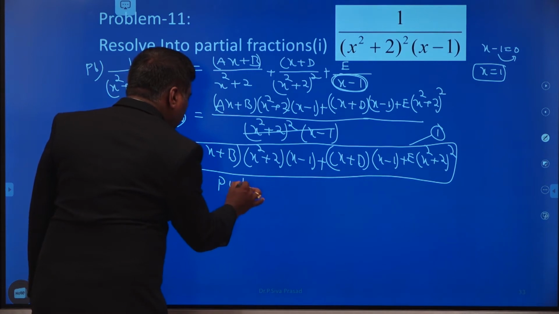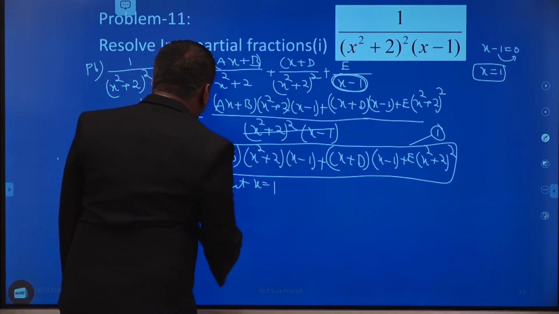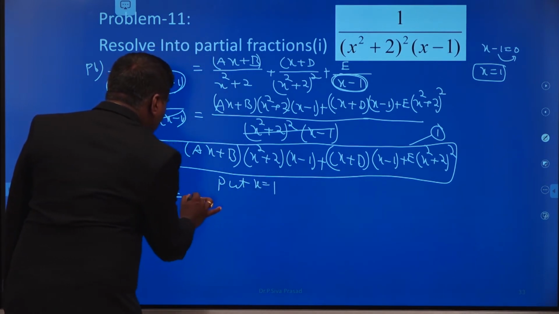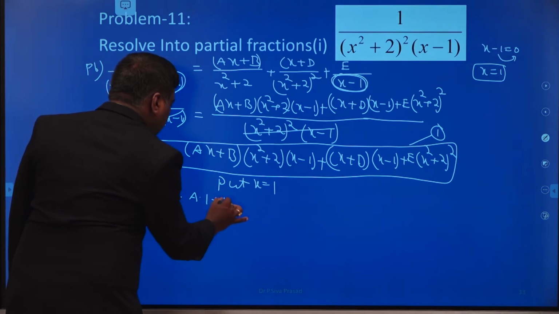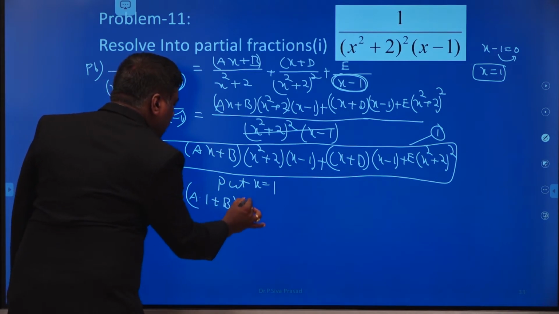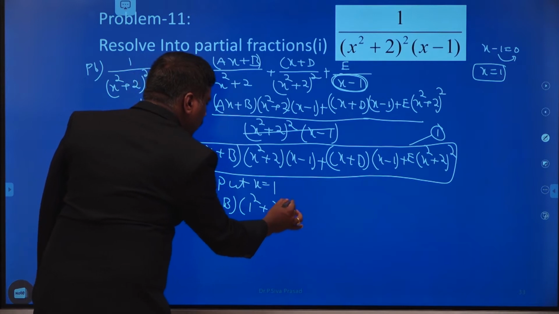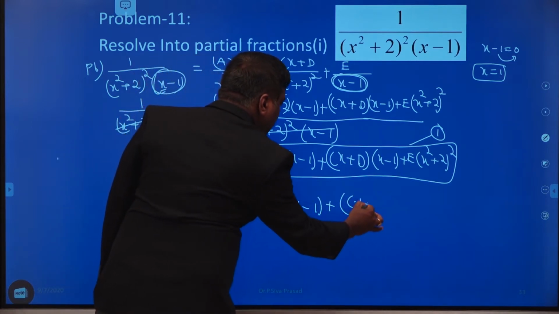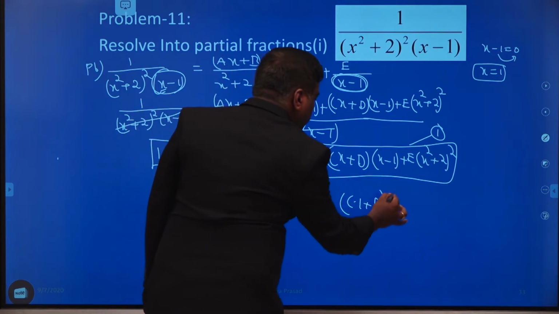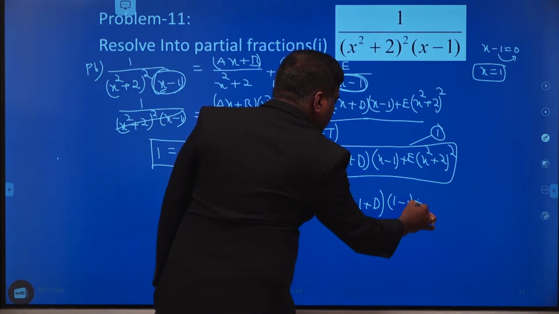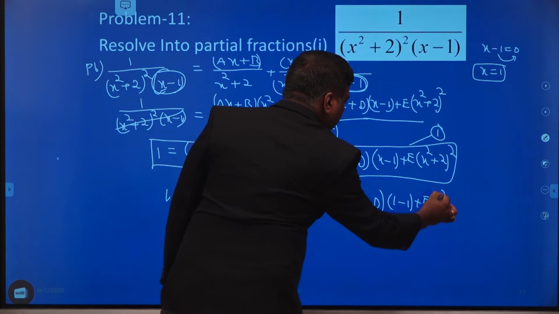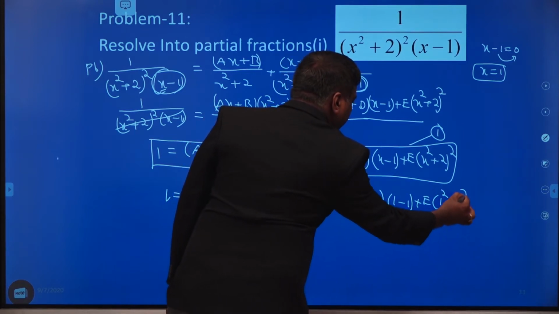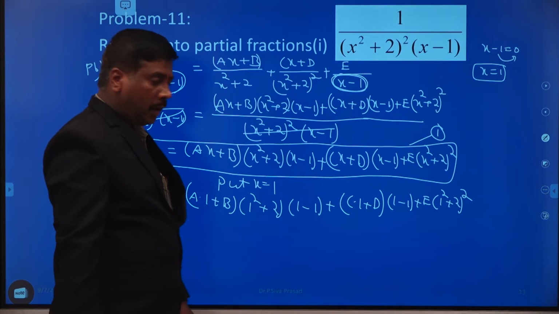So put x equal to 1. Then 1 is equal to (a into 1 plus b) into (1 square plus 2) into (1 minus 1) plus (c into 1 plus d) into (1 minus 1) plus e into (1 square plus 2) whole square. Will you catch the point?